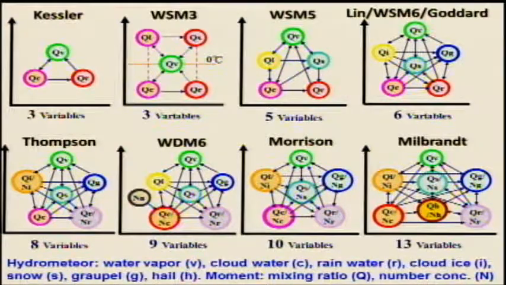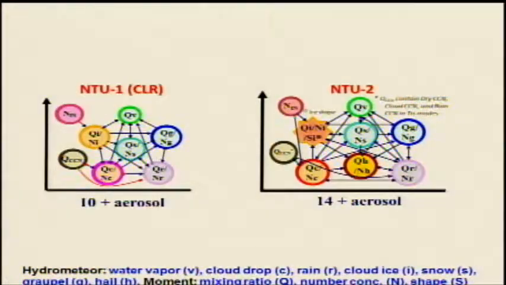The most complicated, the Milbrandt and Yau scheme, considered 13 variables to describe the hydrometeors and the water vapor. And this is our scheme. In the first version, we considered 10 variables plus aerosols. Most of the hydrometeors are two-moment, but we did not consider hail in this version.